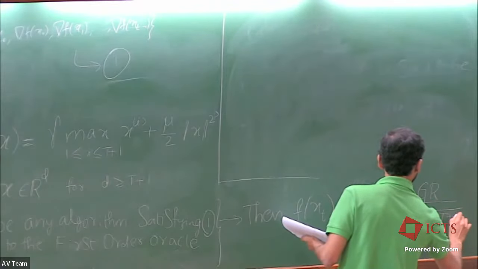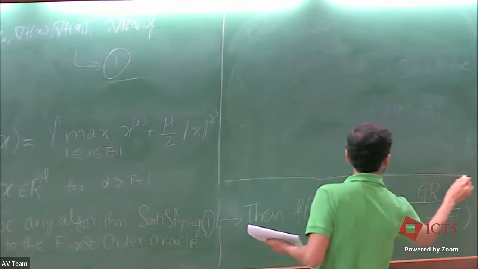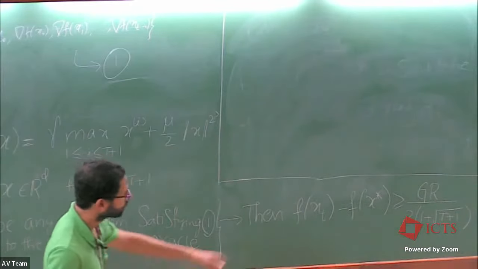Xt has to be chosen from the span of those. That's why. Is this visible?